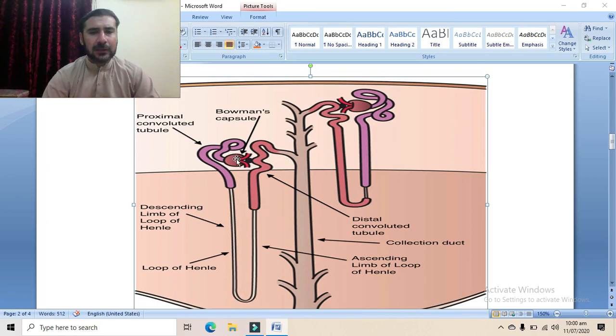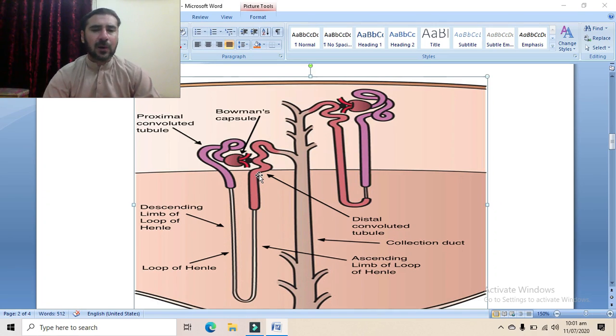So the blood filtration starts here, then the filtrate moves through this proximal convoluted tubule, then into the descending limb of the loop of Henle, and then through the ascending limb. Another part through which it will pass is the distal convoluted tubule.